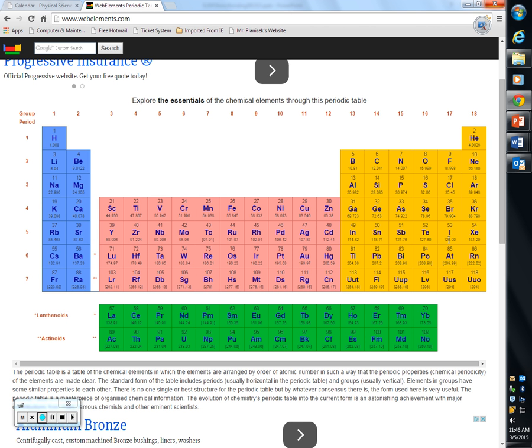Metals, left-hand side of the periodic table, will tend to lose valence electrons. Non-metals, right-hand side of the periodic table, tend to gain valence electrons. If you're losing valence electrons, you end up with more what than what? If you're losing electrons, you end up with more protons than electrons. But if you're gaining electrons, you end up with more electrons than protons, right?